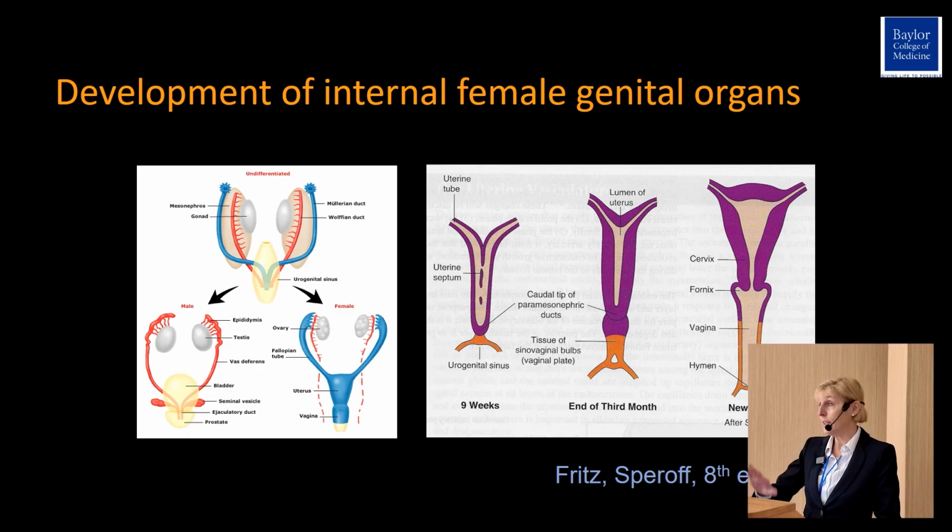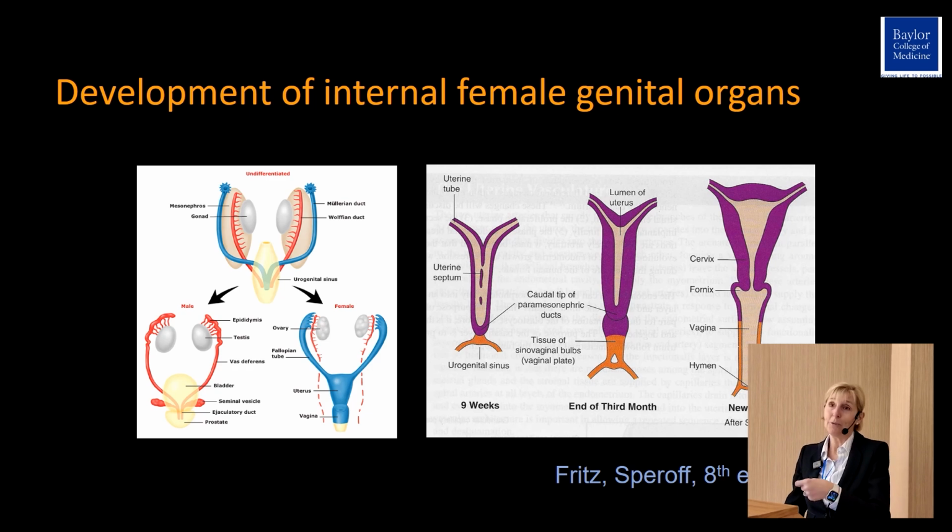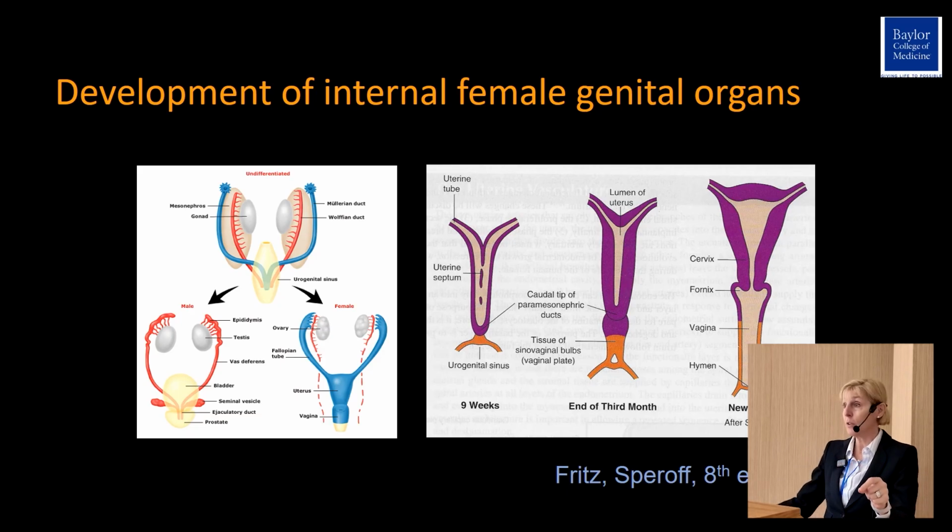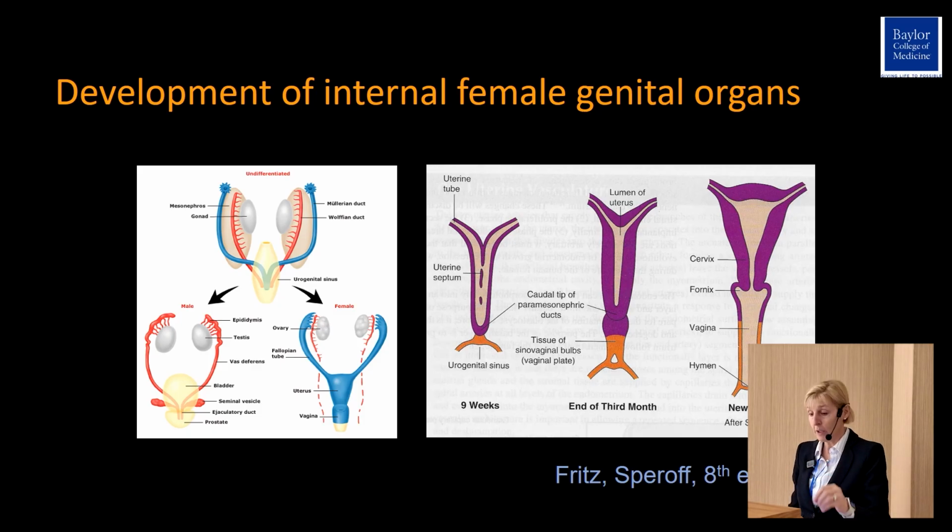The ovaries have a different embryological origin, and so they're completely separate. Whenever I speak with my fellows and the residents, I always have to point out that the ovaries are completely different. So the presence or absence of the ovaries is not connected, and they're not part of the Müllerian anomalies.